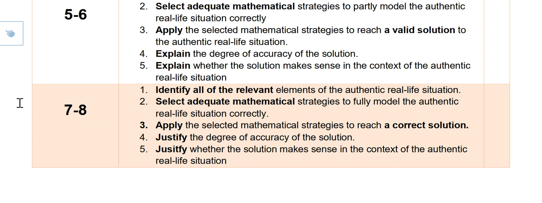Selecting adequate mathematical strategy. Well, that one's kind of simple. That's kind of easy. The strategy you are going to use is graph, plot, equation, that kind of thing. Correct solution. What can make it incorrect again?